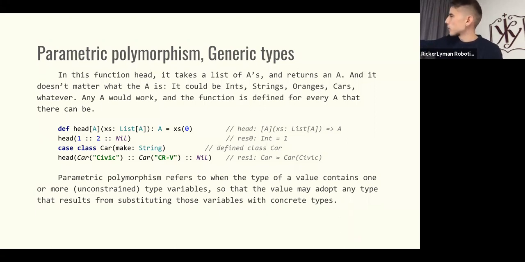And basically, as we can see, it is just a single implementation that works for different types, for an arbitrary type A. Usually, in such statically typed languages, generic types are known only at compile time and are erased at runtime. But there are some languages which preserve this type information at runtime as well.